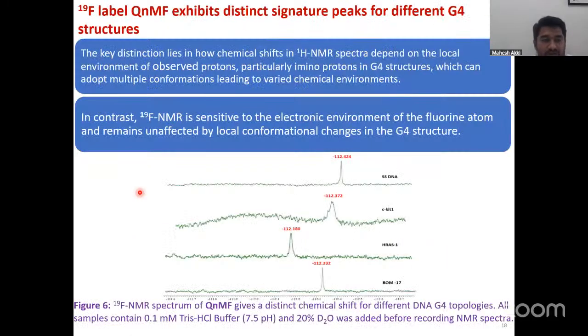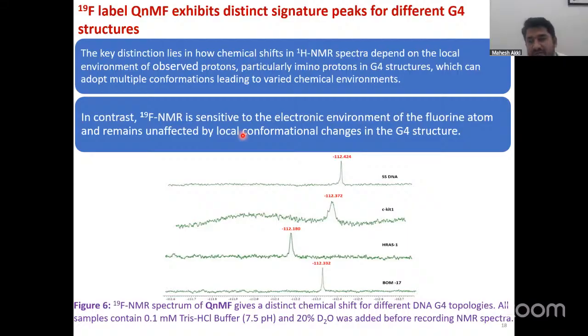One more powerful way to study G quadruplex structures is by combining proton NMR spectra and F19 NMR analysis. The key distinction lies in how these techniques respond to the local environment. In proton NMR, the chemical shifts of the protons are highly dependent on their surrounding environment, which becomes complicated in G4s because they adopt multiple conformations, leading to overlapping and often ambiguous signals.